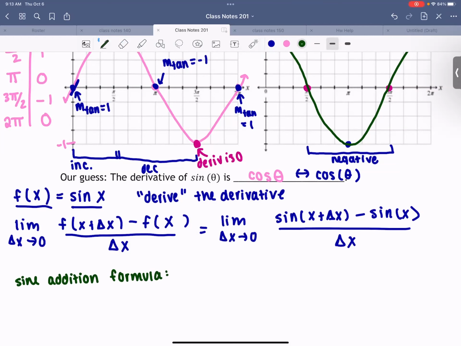I don't really want to prove this right now, but I'm just going to give this to you. We're going to cheat a little bit. It says that the sine of a plus b is the sine of a times the cosine of b plus the cosine of a times the sine of b. I know it's been a while, but there is a formula that tells us that.